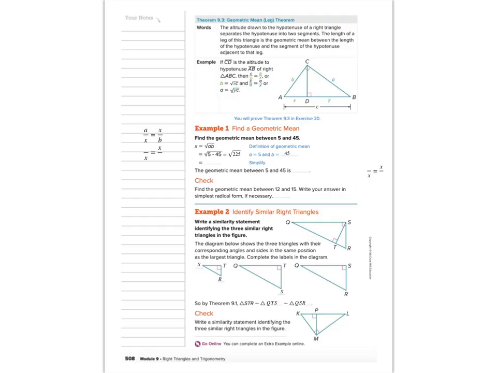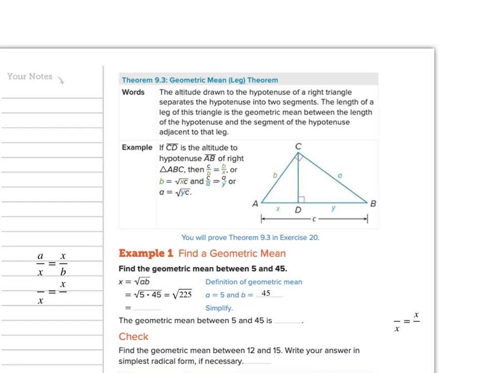And then this is another rule. They say that the altitude drawn to the hypotenuse of a right triangle separates the hypotenuse into two segments. The length of the leg of this triangle is the geometric mean between the length of the hypotenuse and the segment of the hypotenuse adjacent to the leg.